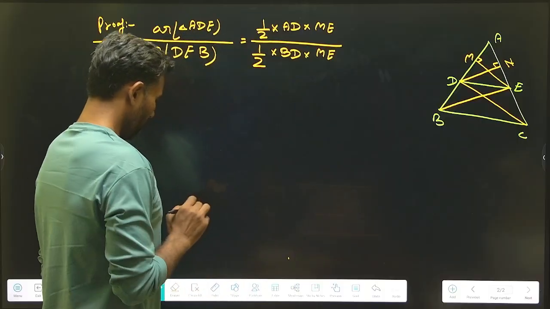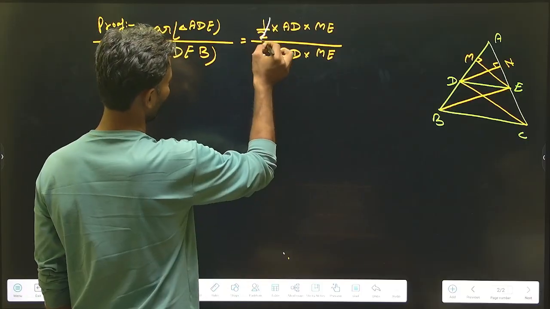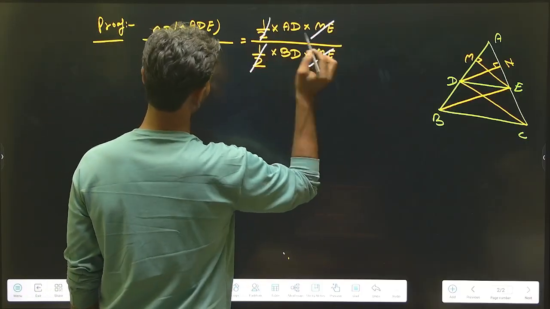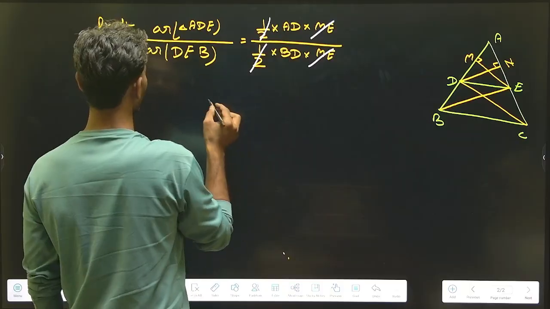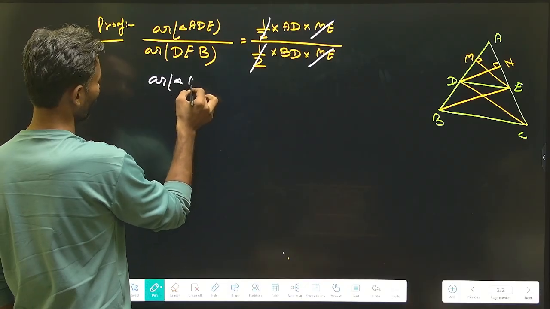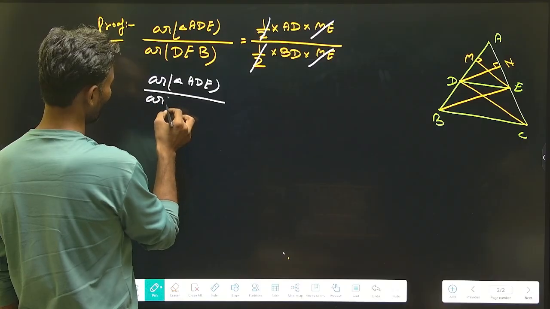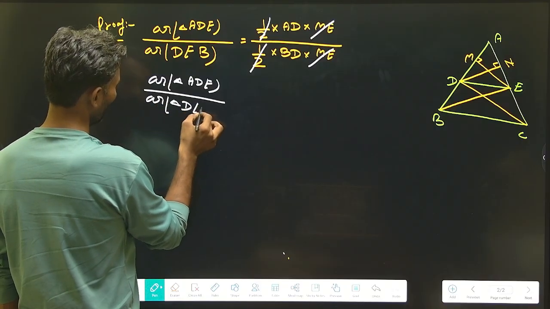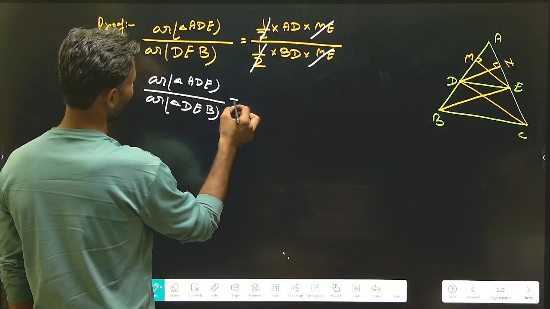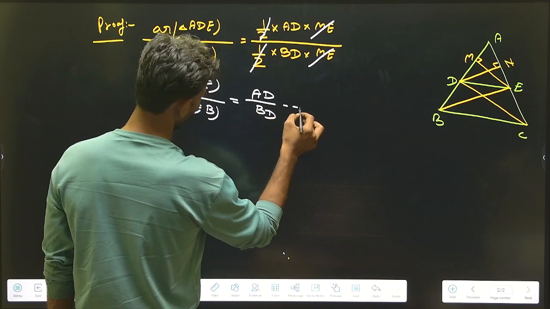You can see that 1/2 is cancelled and ME is also cancelled, so the area of triangle ADE upon the area of triangle DEB will be equal to, students, AD upon BD. So this is equation number 1.